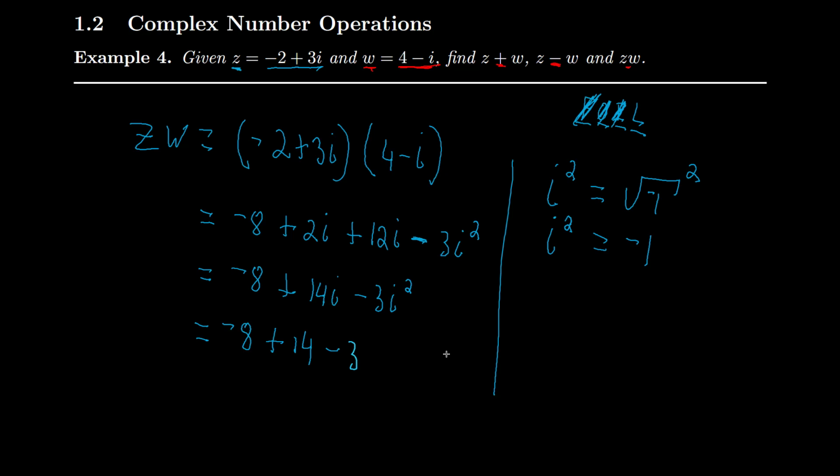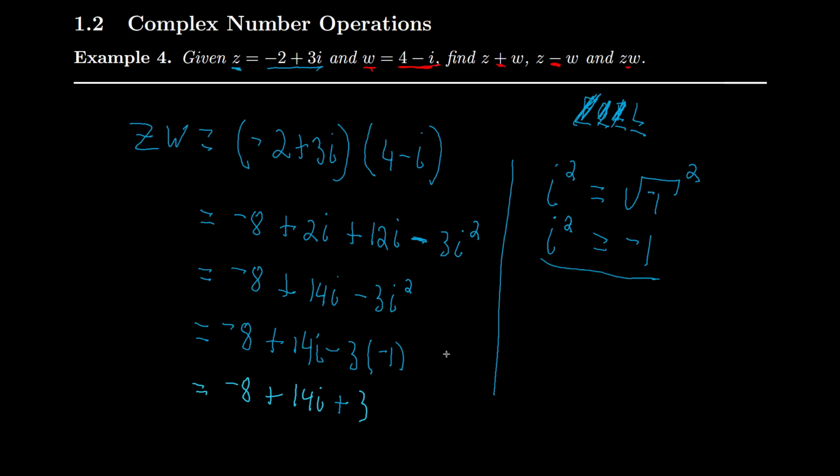So this is minus 3 times, and then remember, we found over here that i squared was negative 1. So instead of i squared, we're going to write negative 1. Then we're going to finish the problem. So this is just negative 8 plus 14i, minus 3 times negative 1 is negative 3. Minus a negative is plus a positive 3.